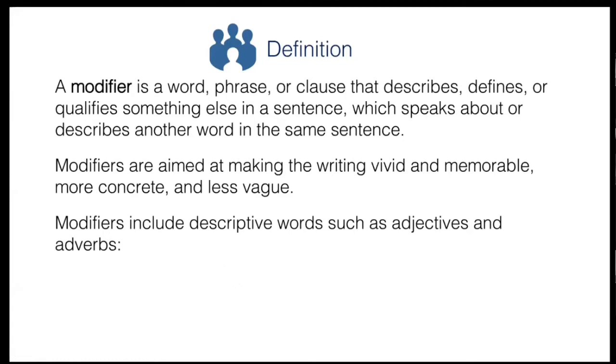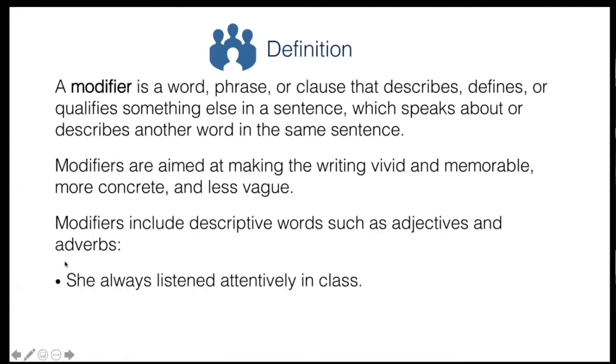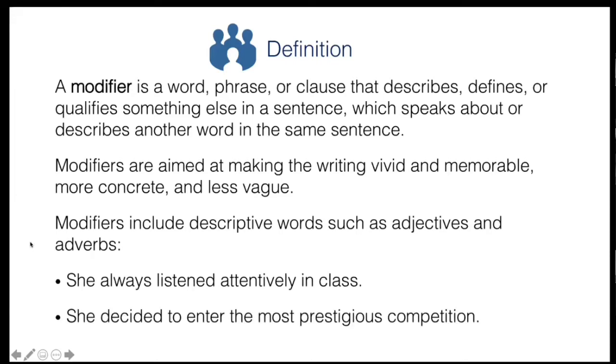And modifiers, as I said, can be different parts of speech and can be different words or longer constructions. So in these sentences, modifiers are just adjectives or adverbs. Here are two sentences. Which word in the first sentence would be a modifier? Obviously, that's an adverb. "Always" can also be a modifier. It's a manner, like how often we do something, we listen.